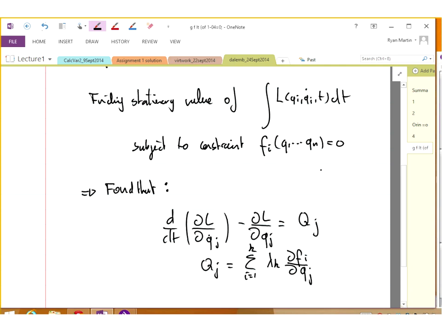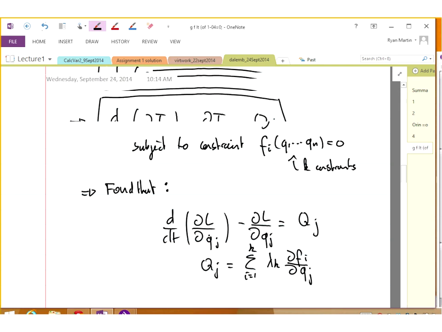Right? So we had K constraints, and we're asked to find the stationary value of some integral of L, some function that depends on the qi dots and t, and we found this Euler-Lagrange equation solves the problem.